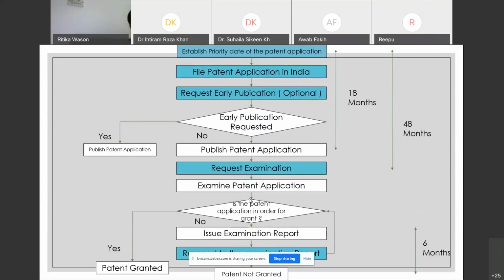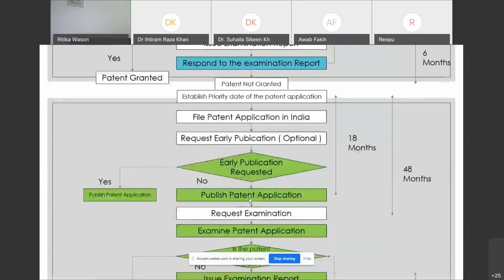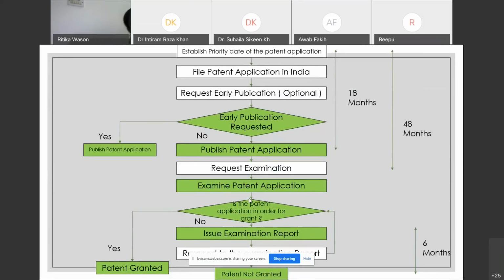The highlighted ones are the process which an applicant has to do. The inventor has to use it. These are the highlighted ones where the inventor, the applicant, the owner has to work. And this highlighted one, this process is executed by the government office, the IPR. Just for the clarity, which process should be done by the applicant, and which process is done by the government.